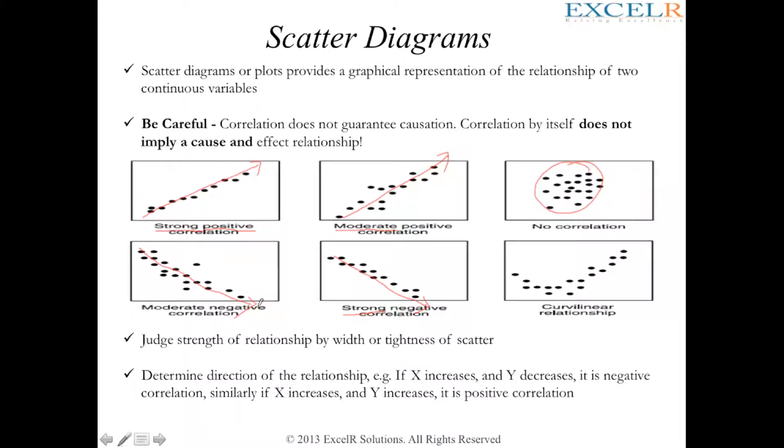If the data points are slightly dispersed along the line, it's called moderate. As the data points go far away from the straight line that you've drawn, you call this a weak relationship. So you can understand the direction of the relationship and strength of the correlation using a scatter plot.